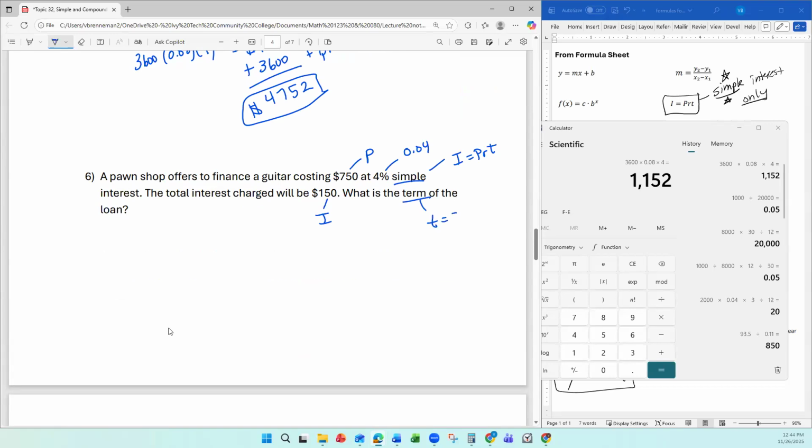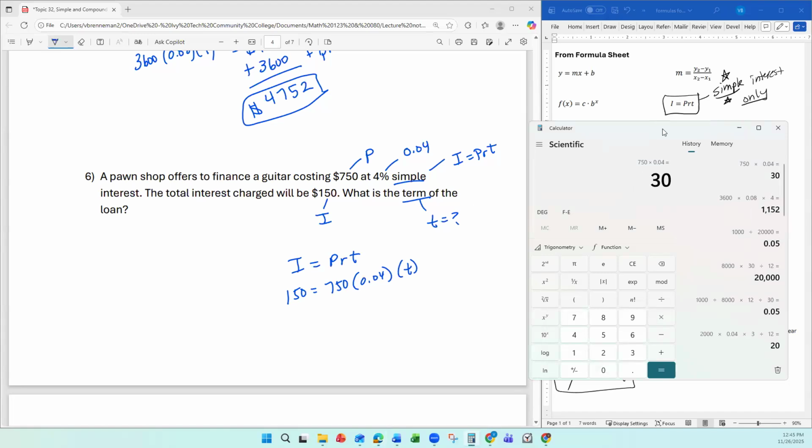We're looking for T. So I equals PRT, 150 equals 750 times 0.04 times T. Let's do it this way, 750 times 0.04 is 30, so 150 equals 30T, divide both sides by 30, and T equals 5 years.